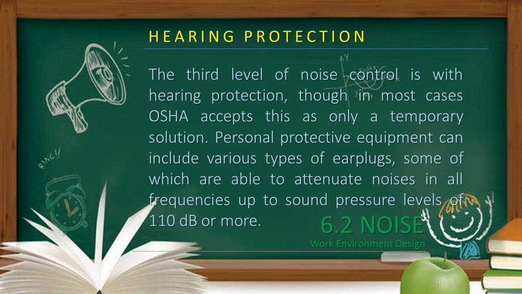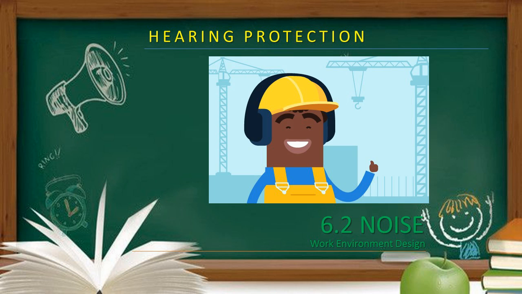Also available are earmuffs that attenuate noises to 125 decibels above 600 hertz and up to 115 decibels below this frequency. Earplug effectiveness is measured quantitatively by the noise reduction rating, or NRR, which is marked on the packaging.